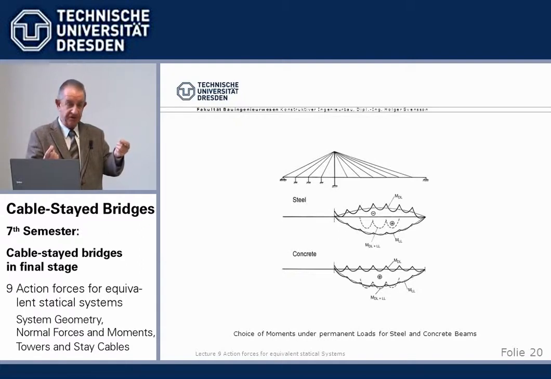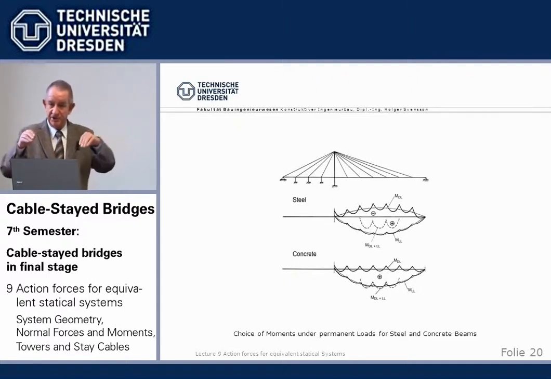That's our third equivalent system. We have the articulated system in the hinges and the beam for the normal forces. We have for transient loads, which go on and off, live loads, the beam on elastic foundation as an equivalent.